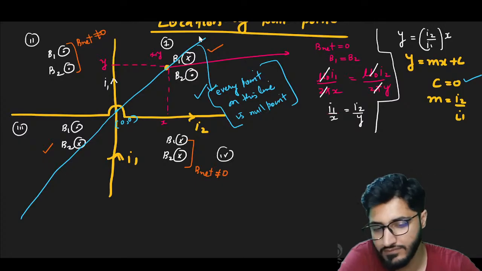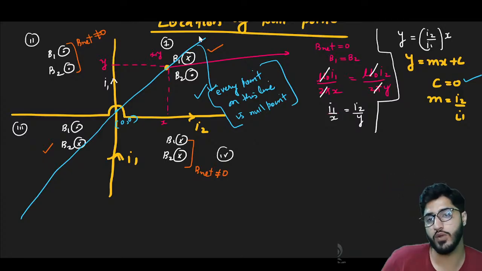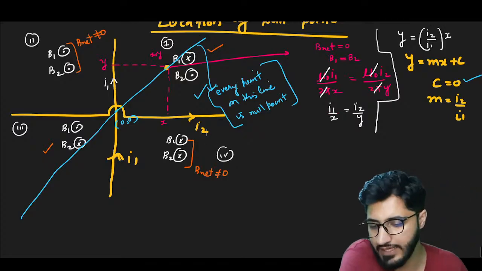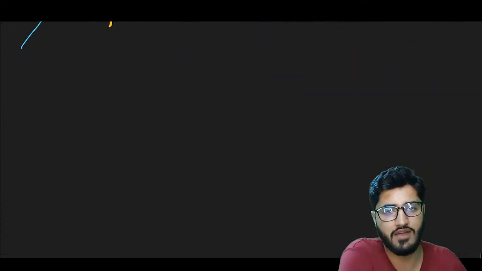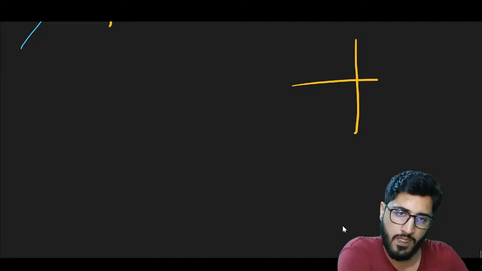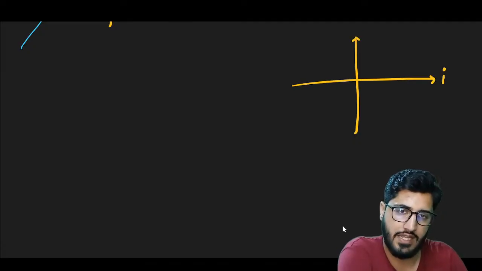Easy? Let us do a numerical based on this particular concept. Numerical is like, we are having a system. Current I is flowing.